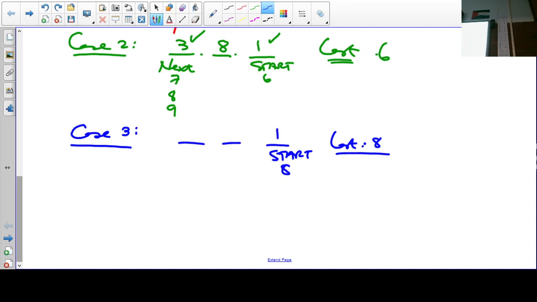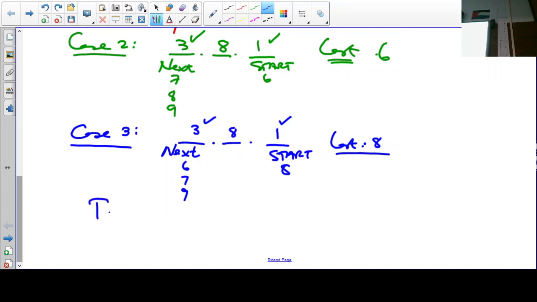There's only 1 eight. For the first number, it can be a 6, a 7, or a 9. So there are 3 options. There are 10 numbers to choose from, I placed 2, so I'm left with 8. So there are 3 times 8 times 1 such combinations.